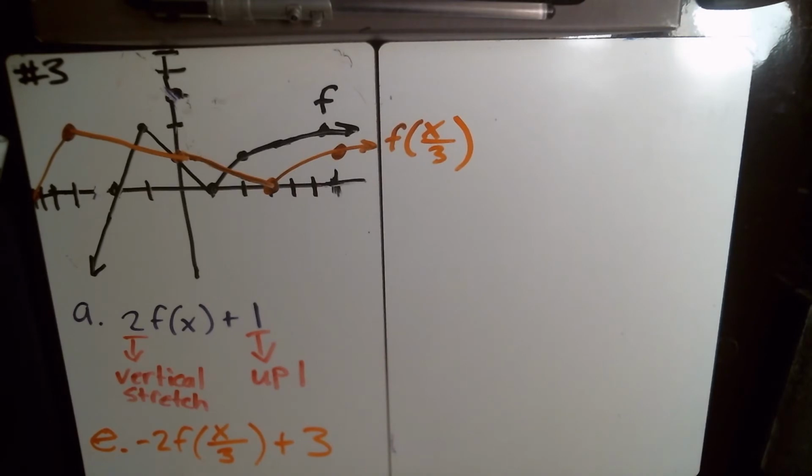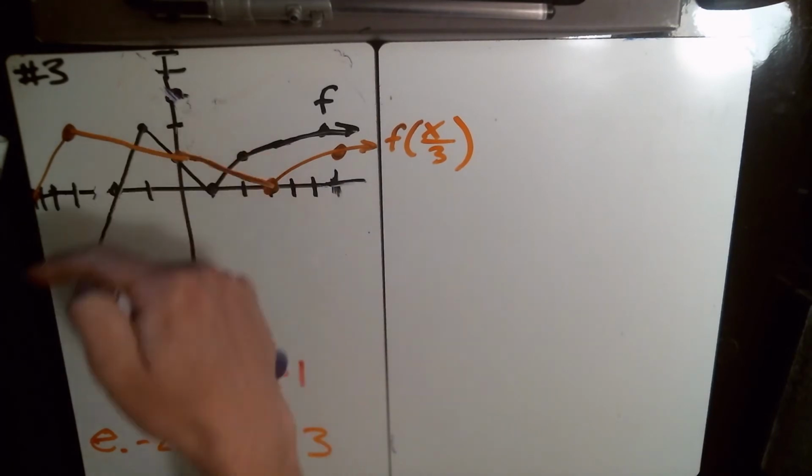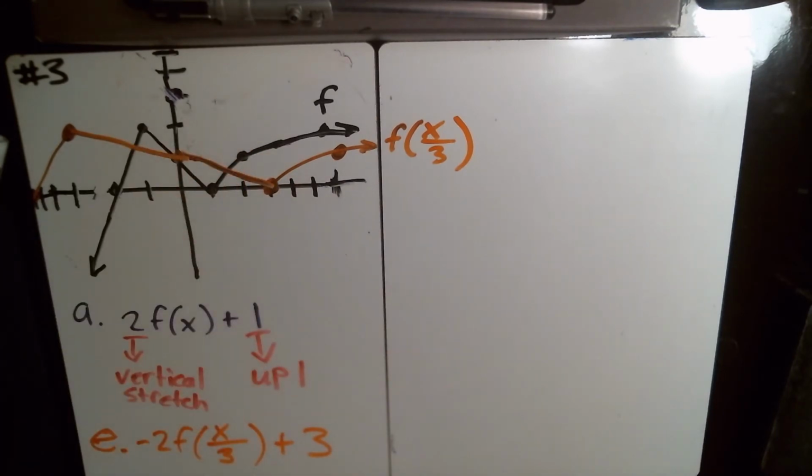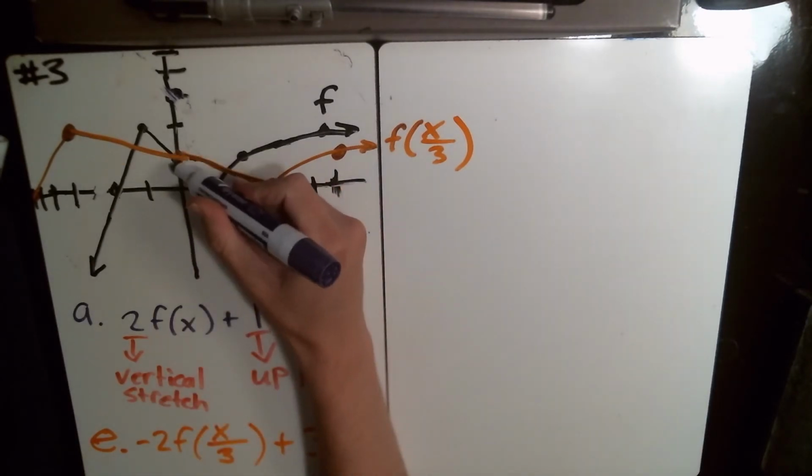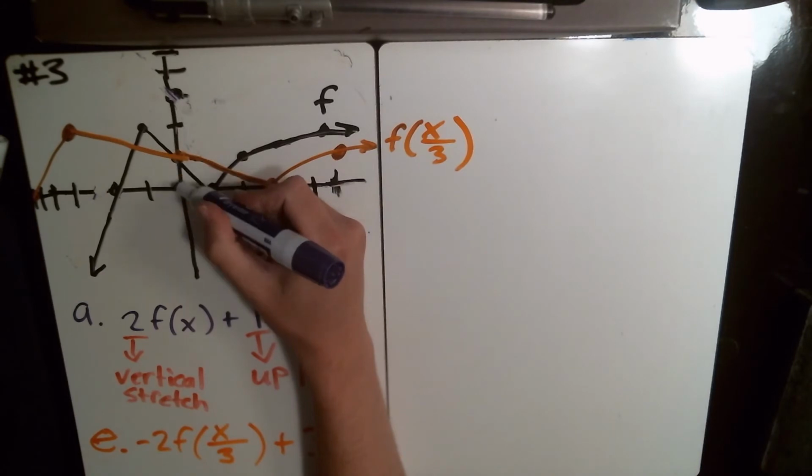Now, what does the negative 2 do? Well, that's a vertical stretch, and it flips it over the x-axis. It takes all your y values and makes them negative. So this point here was at positive 1.